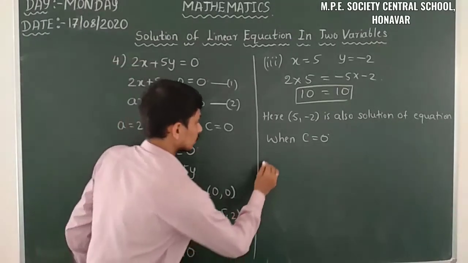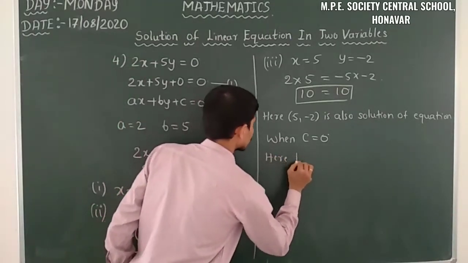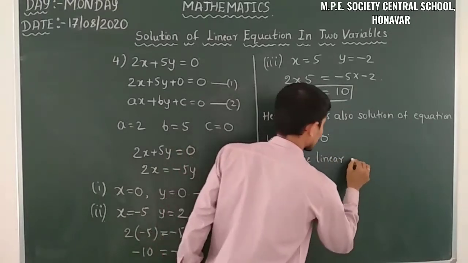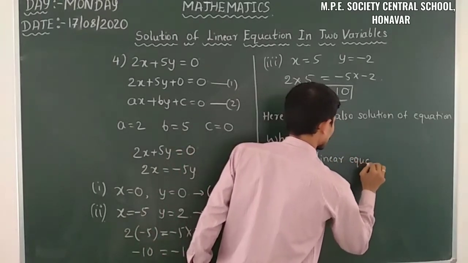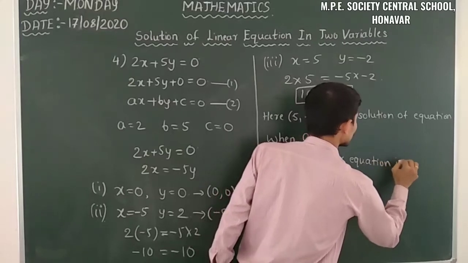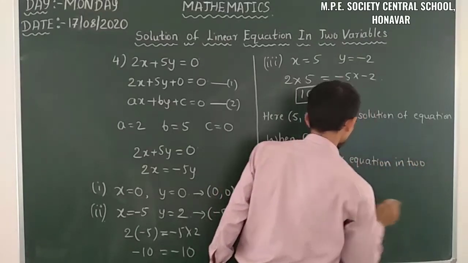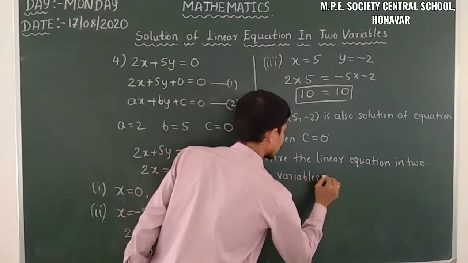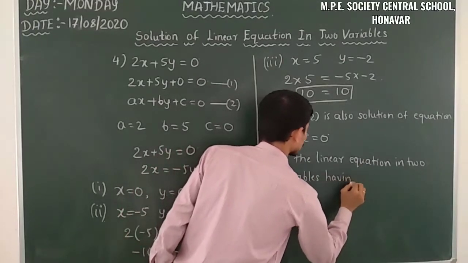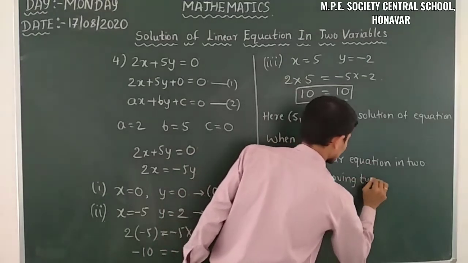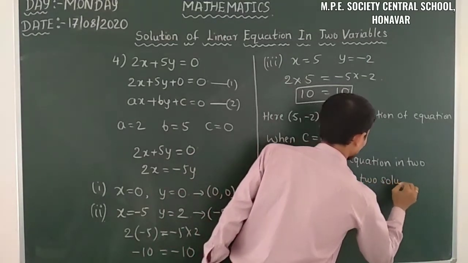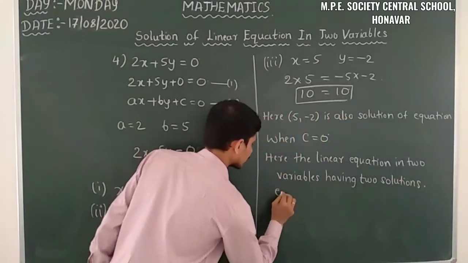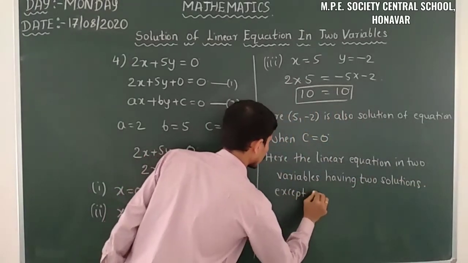So here the linear equation in two variables has two solutions except the origin.